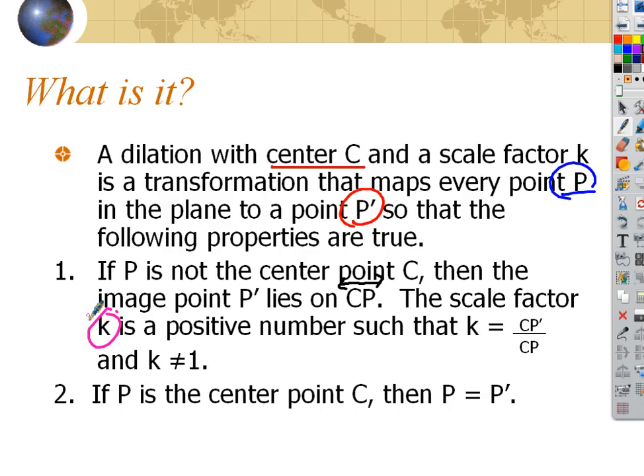The way we find that is we calculate the ratio of the distance from the center of the dilation to P prime, the final point after the dilation, divided by the distance from the center of the dilation to the original position of the point. And this will all make sense when we look at it in a picture, I promise you. Okay, so let's do that.